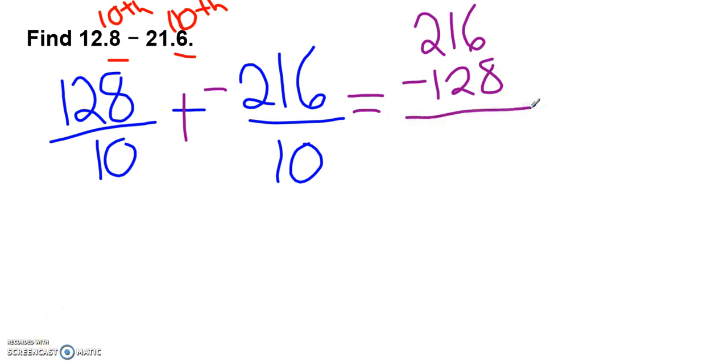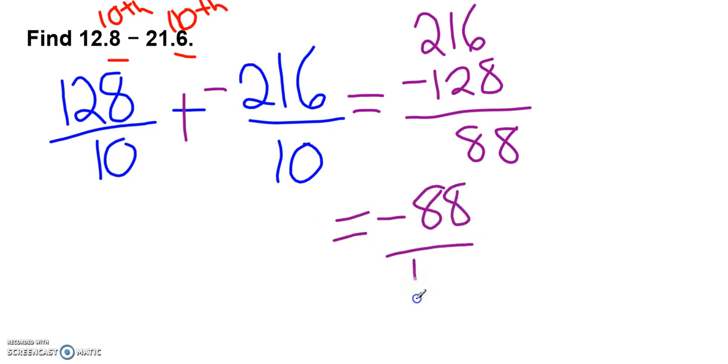That's going to give us 88. We have to take the sign of the larger, which is 216, so this is going to be negative 88 over 10. However, this is not in simplest form, so if you wanted to leave it as a fraction, you would have to simplify it, but I'm going to put it back in decimal form since that's what they started with.